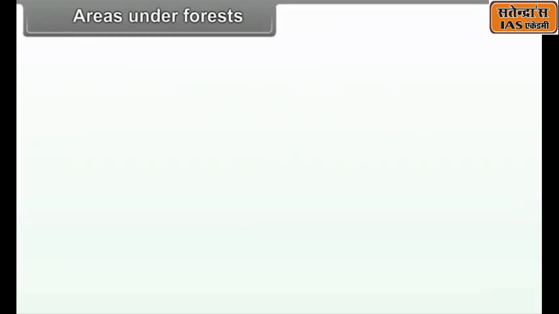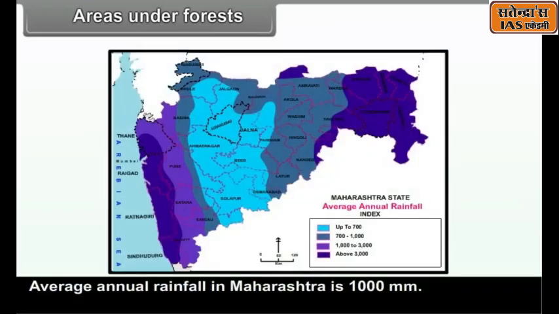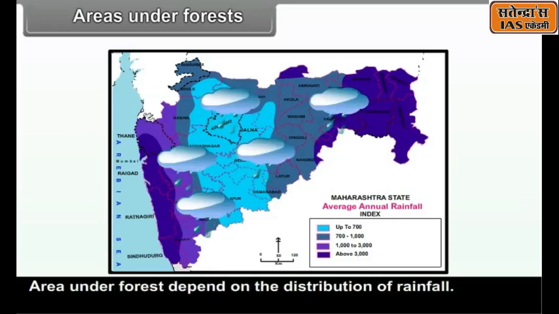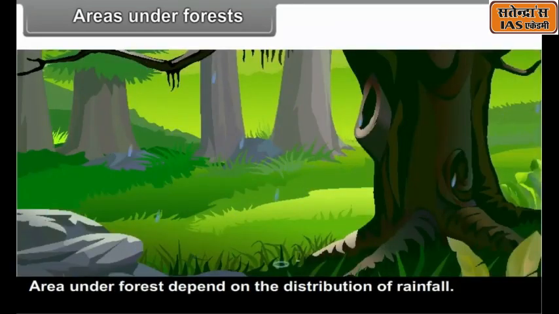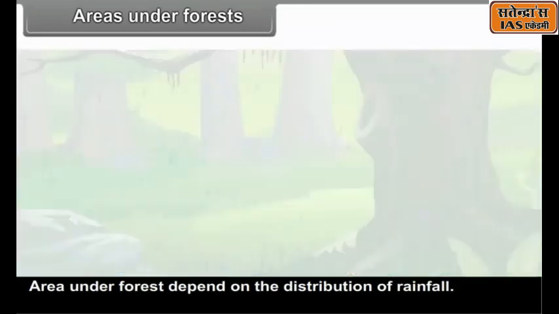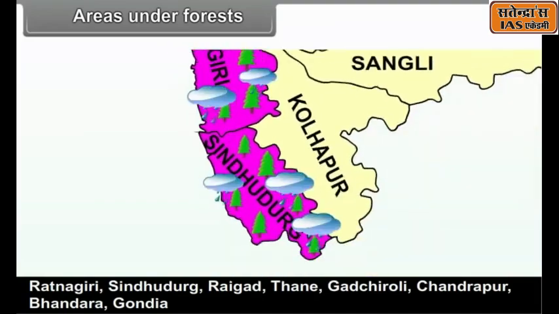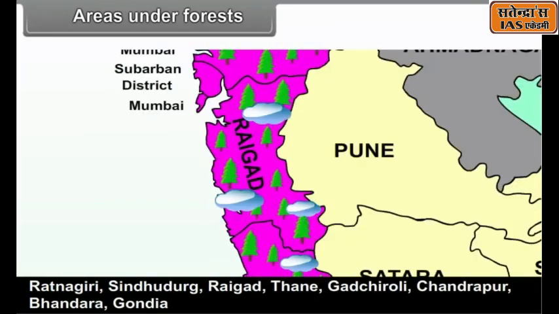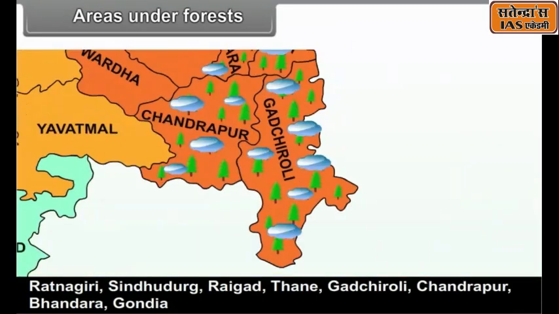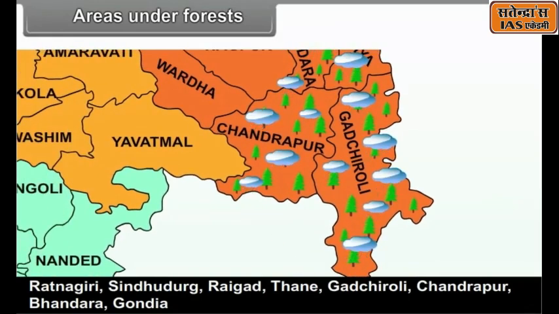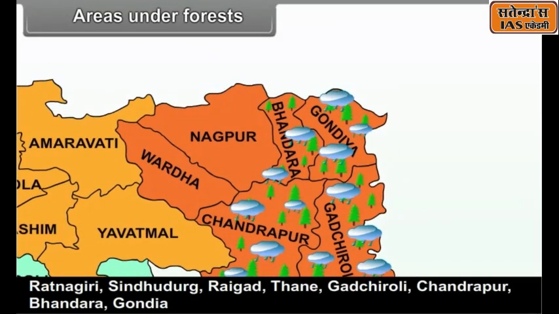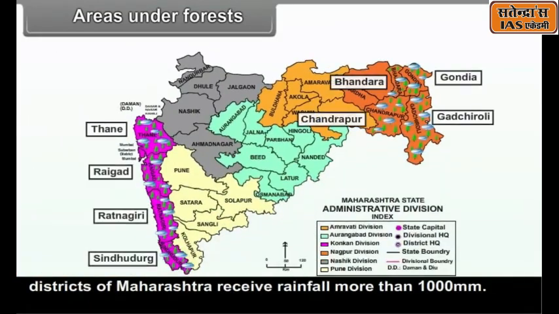Areas under forests. Average annual rainfall in Maharashtra is 1000 mm. Area under forests depends on the distribution of rainfall. Ratnagiri, Sindhudurg, Raigad, Thane, Gadchiroli, Chandrapur, Bhandara and Gondia districts of Maharashtra receive rainfall of more than 1000 mm.